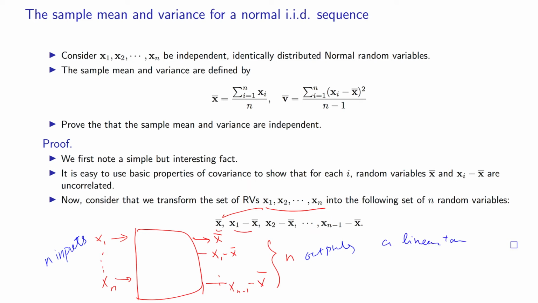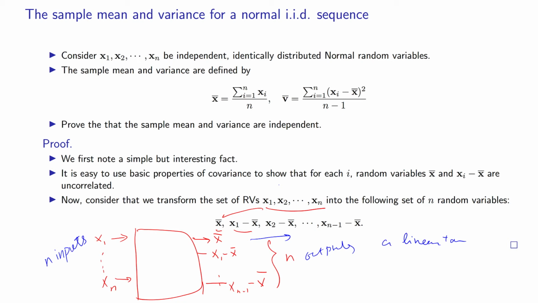Interestingly, the components of the outputs are uncorrelated with each other. The mean of the first component is equal to the mean of your random variables, and the means of the others are equal to 0. Because the inputs are jointly normal and your transformation is linear, the outputs are also jointly normal, and because they are uncorrelated, they also are independent.